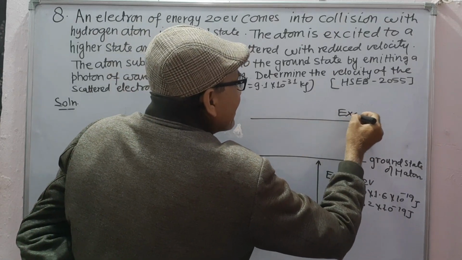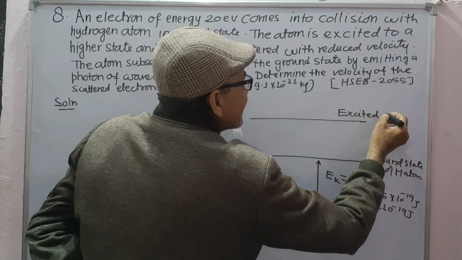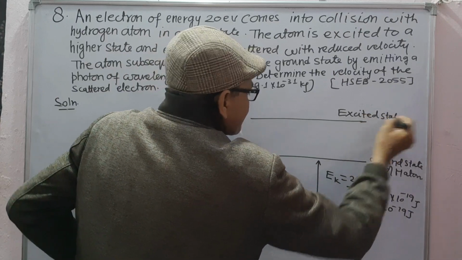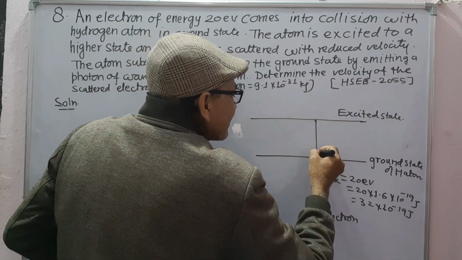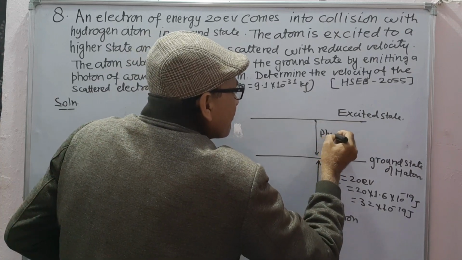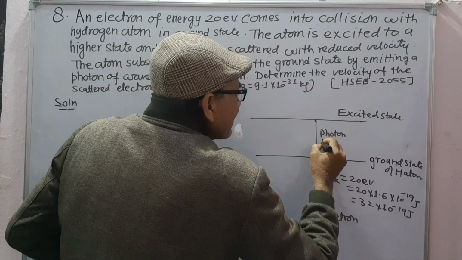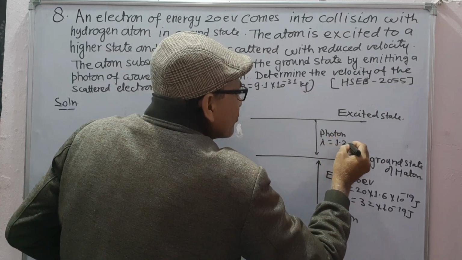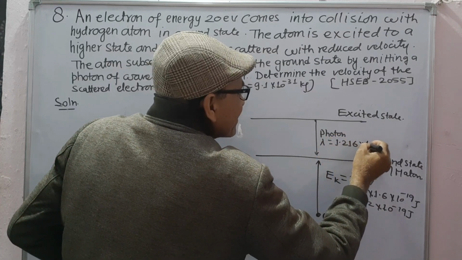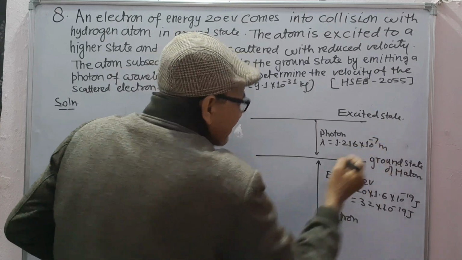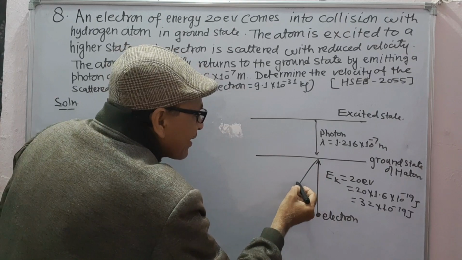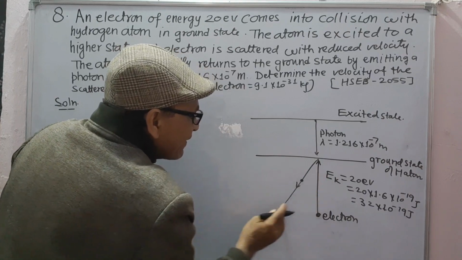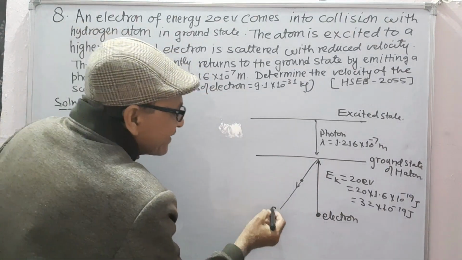The hydrogen atom is excited to a higher state. This is excited state, and subsequently it emits a photon of wavelength lambda is equal to 1.216 into 10 to minus 7 meter, and this striking electron gets scattered.